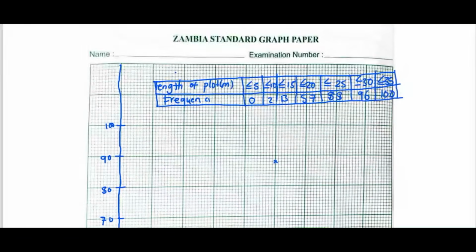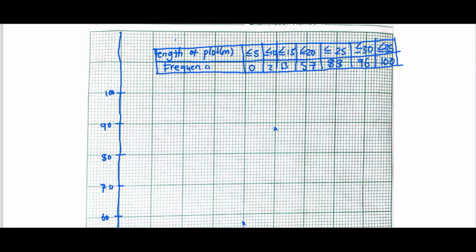Then we have 30,96. So 30 in the x-axis, 90, 1, 2, 3, 4, 5, 6 somewhere here. Then the last one is 35,100. So this is where our point will be. Then we can draw our curve.